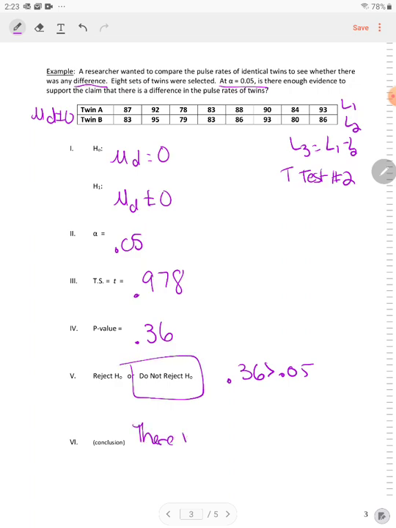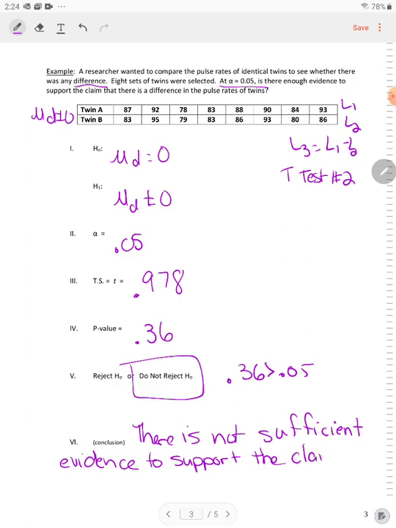There is not sufficient evidence to support the claim that there is a difference in pulse rates of the twins.